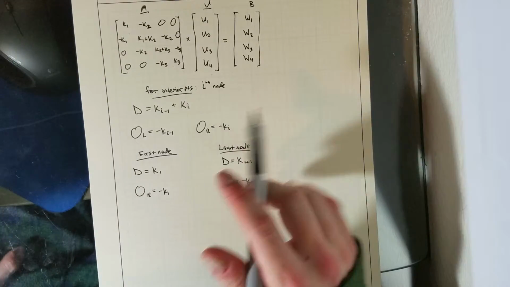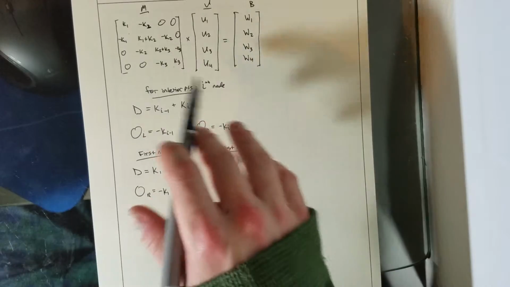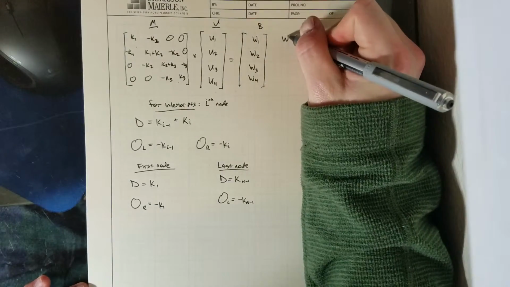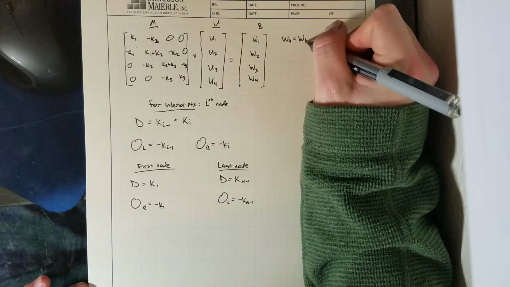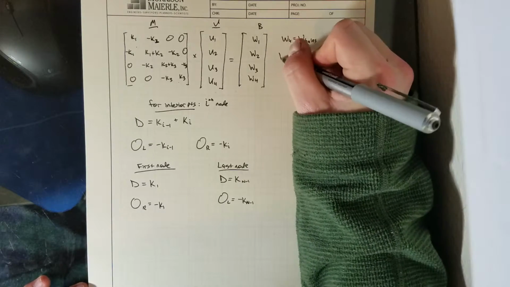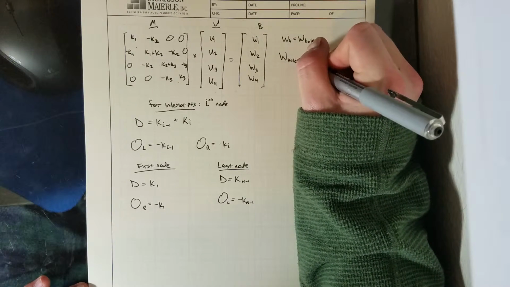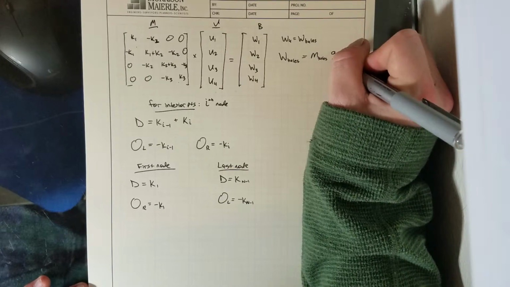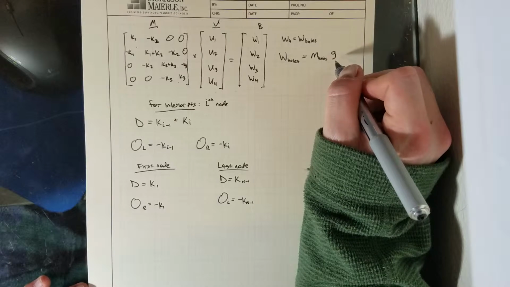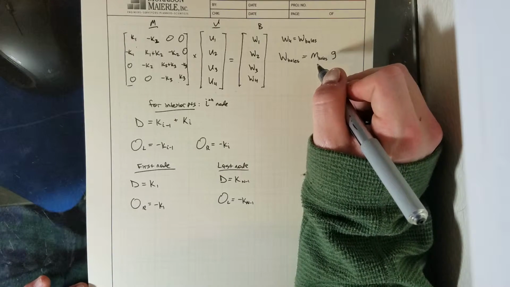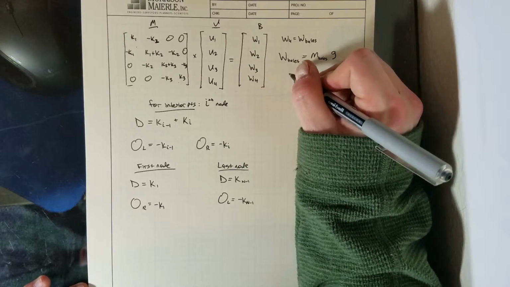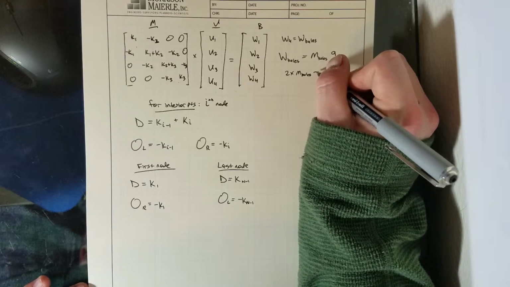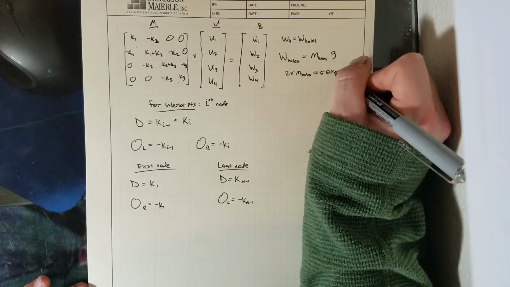So now at this point, many of the things in this matrix are actually known to us. So the weight at node 4 is just equal to the weight of the bales. And the weight of the bales equals the mass of the bales times the gravitational constant G. So one bale weighs about 25 kilograms. So that means that 2 bales are going to equal about 50 kilograms.